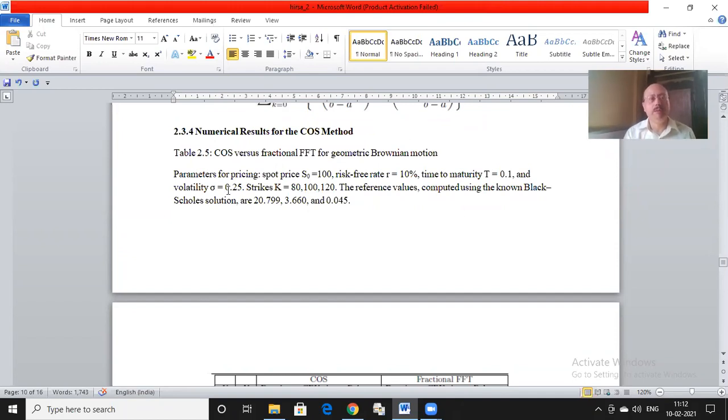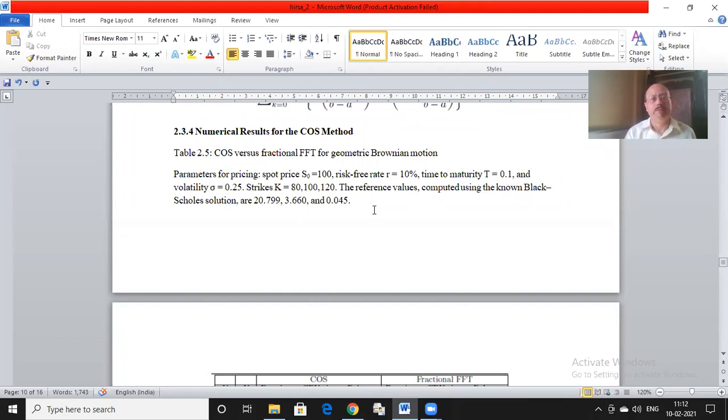For this model, the parameters chosen are strike and initial stock price to be 100, 10% rate of interest, 0.1 as the time to maturity on an annual scale, and volatility is 0.25. The comparison is made based on 3 alternative strikes: 80, 100, and 120.